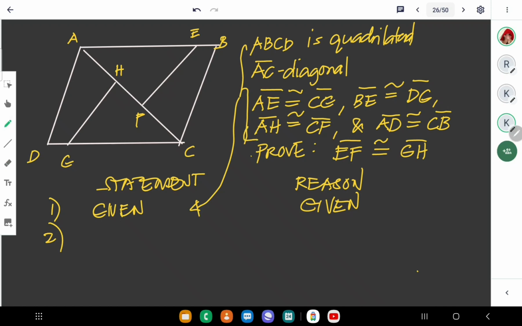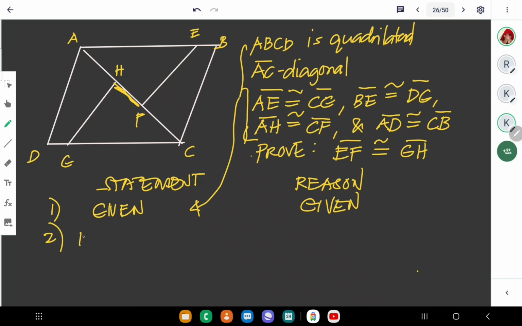And then next is, okay, AC. So maybe we can use reflexive property here. This one, HF, is congruent to HF.